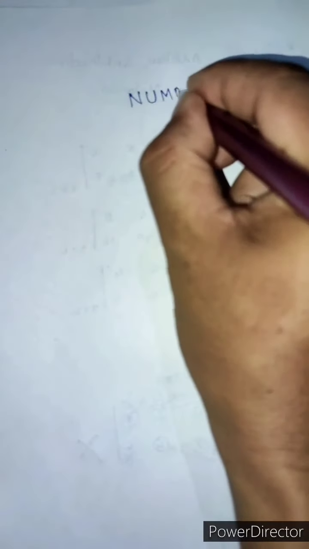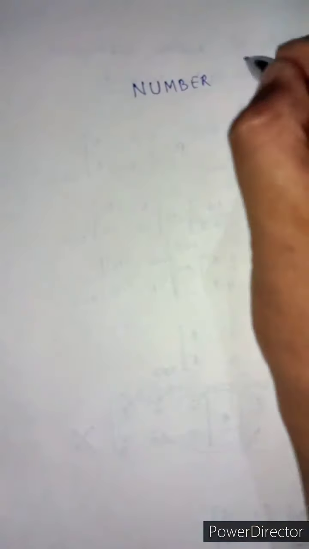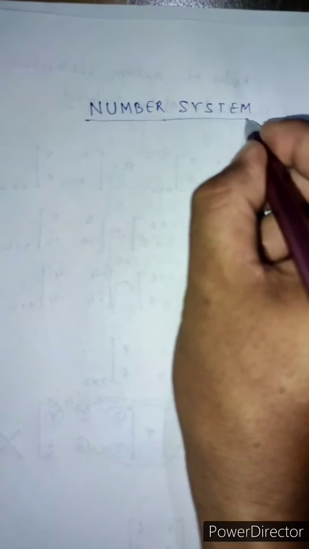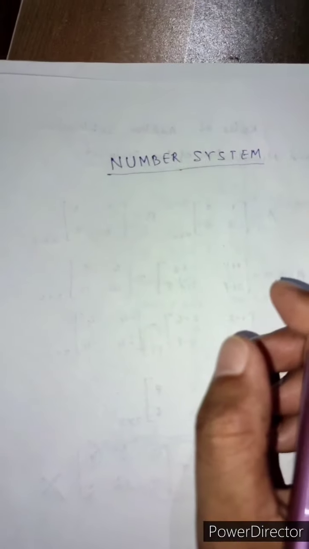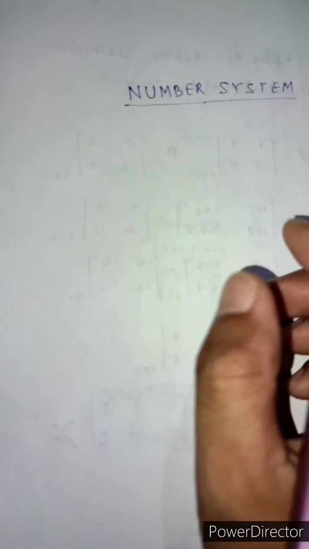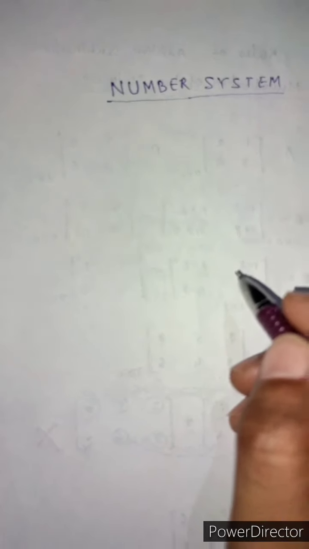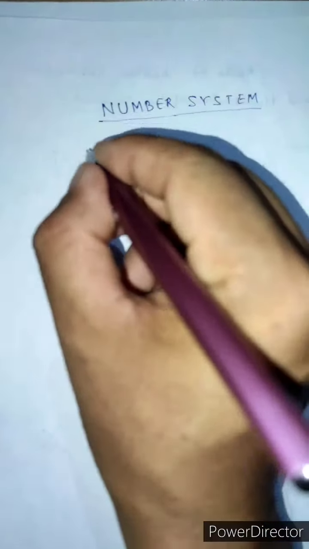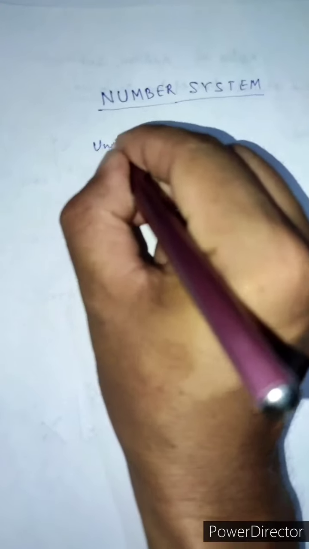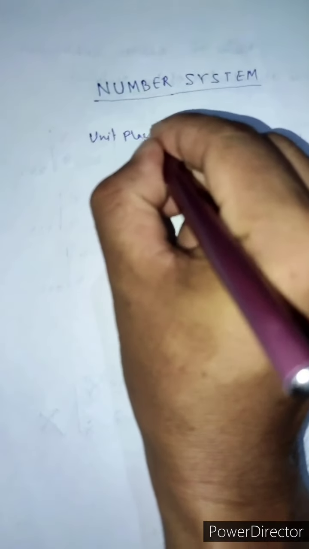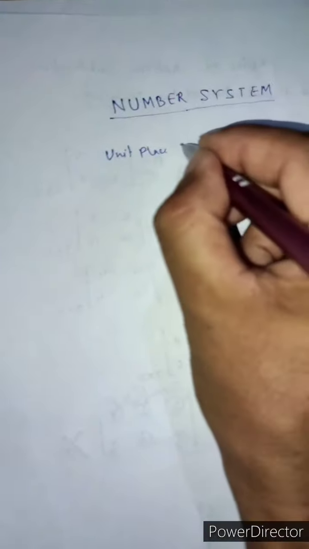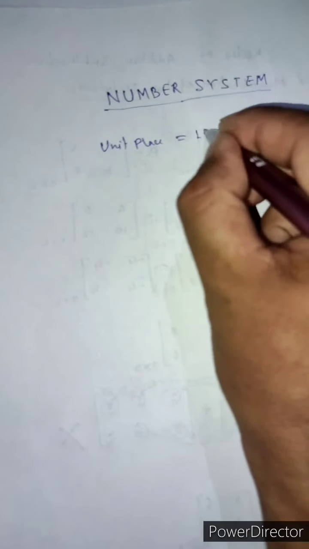Number system. Okay. On the number system, first of all, let us know what the Indian system of numeration is. That means unit place, 10 place. According to the Indian system, unit place equals what? 10 power 0.